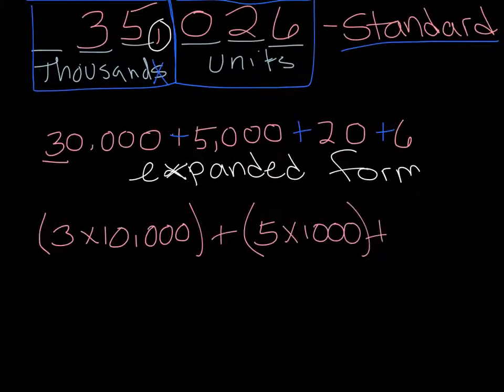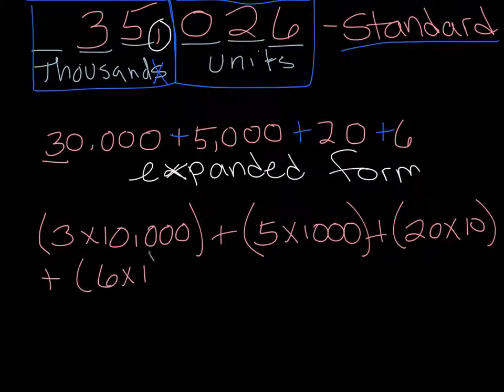And we'll add that to how we got 20, which was 20 times 10, or 2 times the place value it was in. And then the final number, we are going to show just 6 times 1, because that's how we ended up with the 6 in expanded form. This is showing the expression as the sum of the products of each digit and its place value. It's unlikely you'll be using this much in your life, but this is another way you could show it.